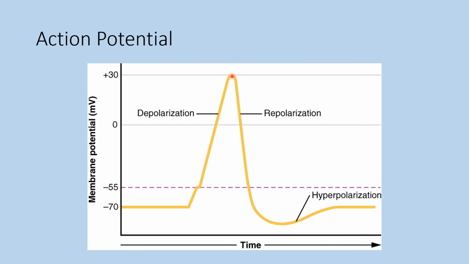So when you open those gates, that positive charge is now flowing out. And you're not letting any more sodium in. So inside, you're starting to become a little bit more negative. This is repolarization occurring. You're trying to restore back to resting. And like anything, it's hard to exactly hit it, so sometimes you overshoot it. So you're actually below -70. This area is hyperpolarization. And then finally you restore back to resting.